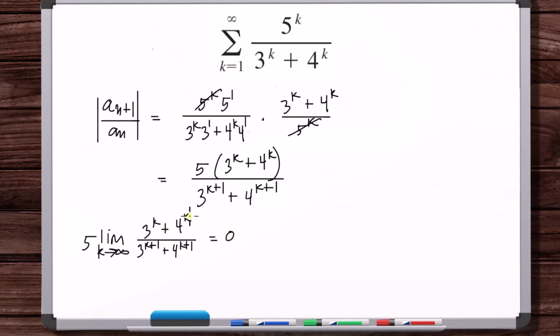You have the exact same numerator and denominator, except you're adding this term, which is always going to be bigger than this term. So the sum of these two terms is always going to be less than the sum of these two terms. But does that mean that it goes to 0?